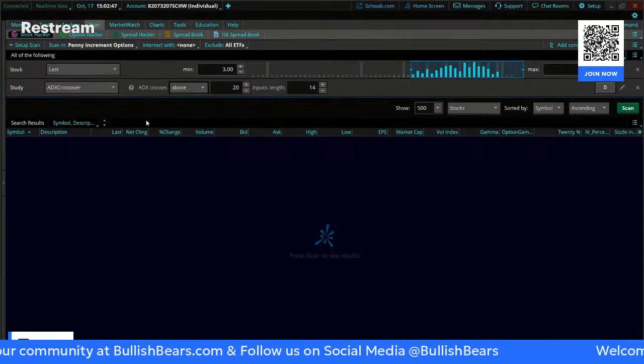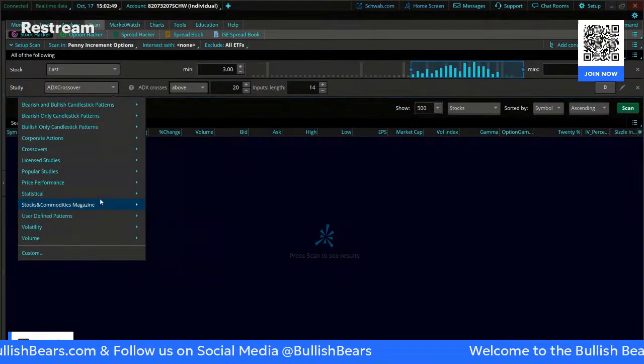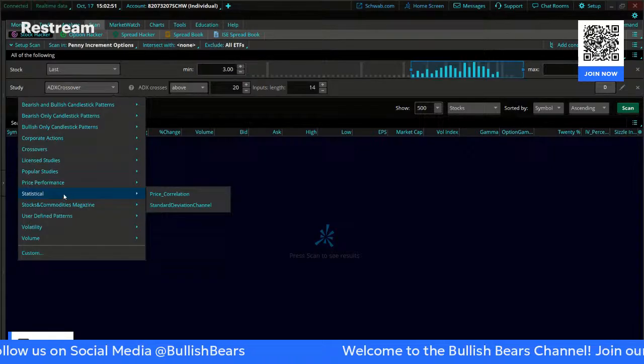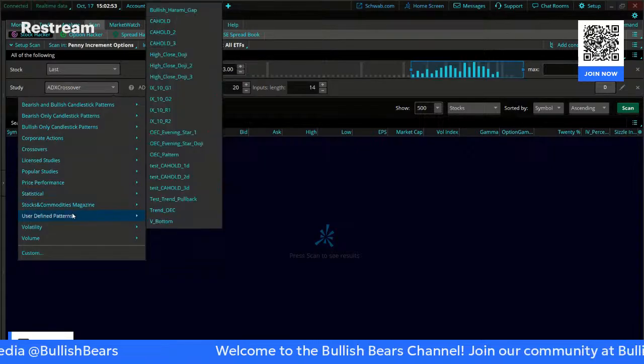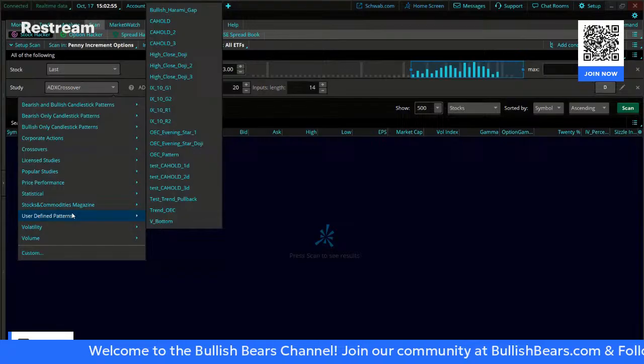Just a reminder, you cannot do indicator scans on Thinkorswim paper. So if you're going to run a scanner, you got to log into your live version.